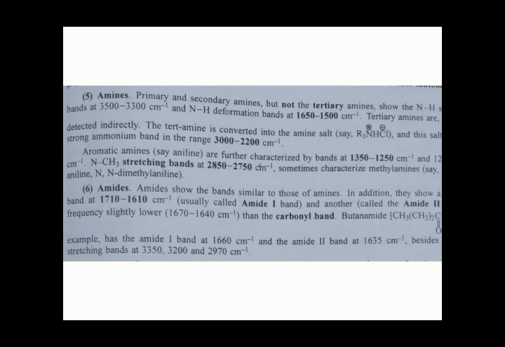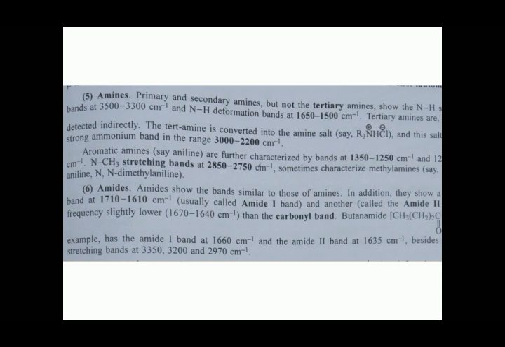Next is the frequency range of amides. Amides show bands similar to those of amines. In addition, they show a carbonyl band at 1710 to 1610 cm inverse, usually called the amide 1 band, and another called the amide 2 band at a frequency slightly lower, 1670 to 1640 cm inverse, than the carbonyl band.